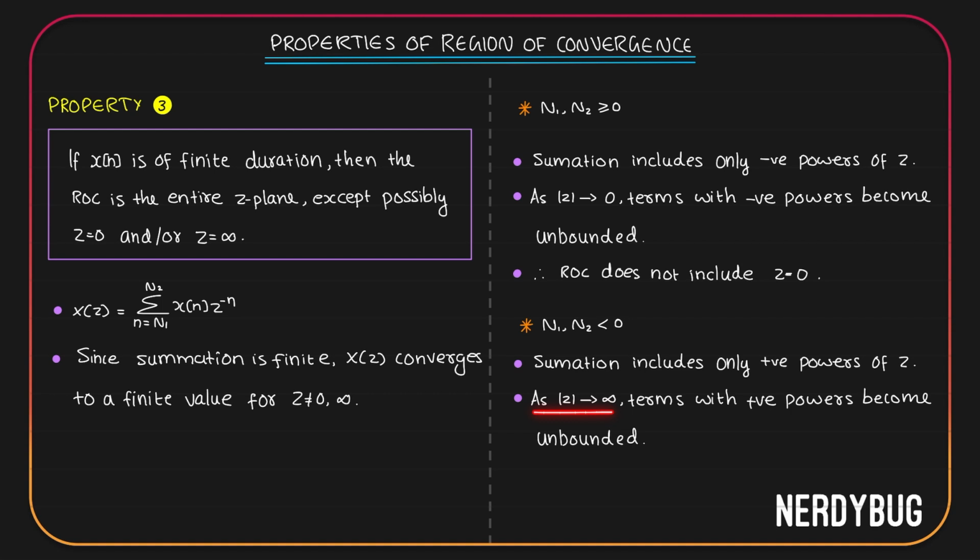In this case, when magnitude of z becomes infinity, we will get infinity to the power of some positive number. So it will become unbounded. Therefore, ROC will not contain z equal to infinity. So basically, when x of n is a finite duration signal, you can assume that the entire z-plane is included in the ROC, but you will have to check for z equal to 0 and z equal to infinity.